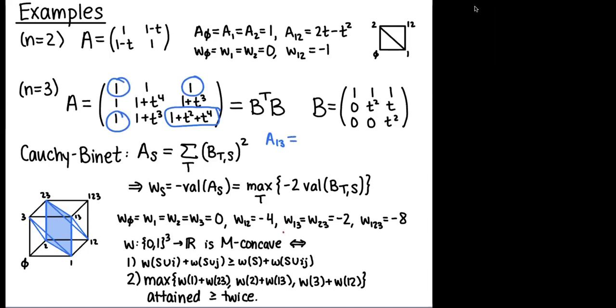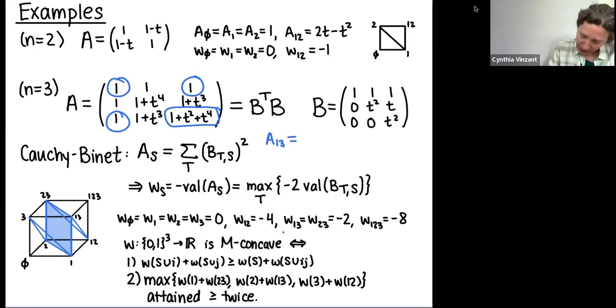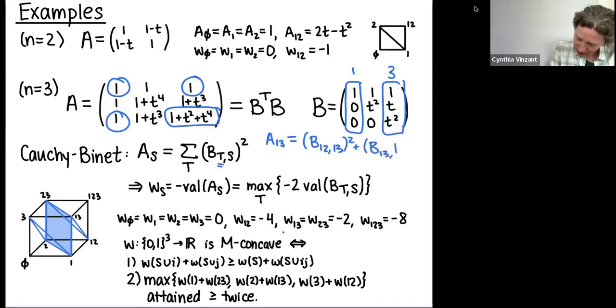But the claim is that we pick out the 1-3 columns, and the claim is that this is equal to the sum of squares, where we range over all subsets of size 2 of the rows: B12, 13 squared plus B13, 1-3 squared plus B23, 1-3 squared.